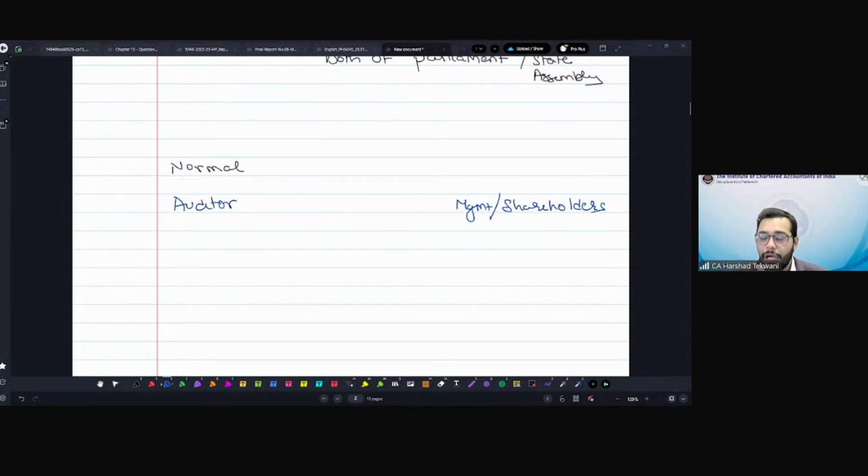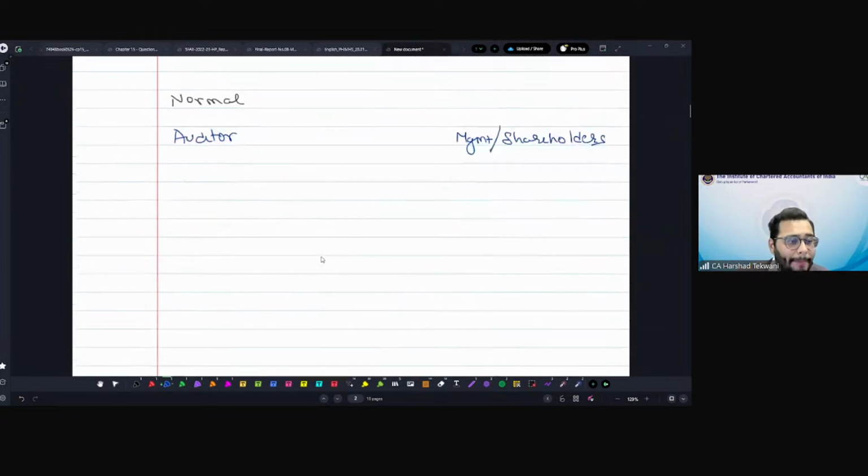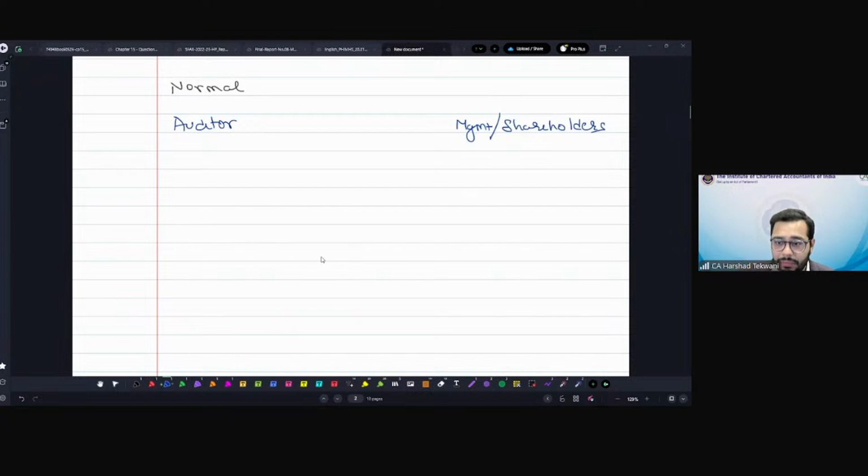If I talk about audit of a government company, you have the government as the shareholder. In that case, intended users can be different in case of government companies.